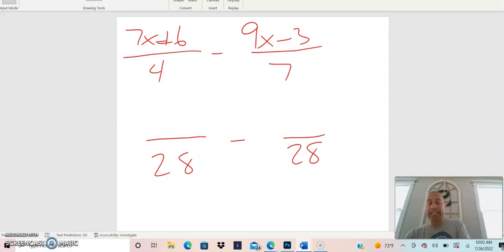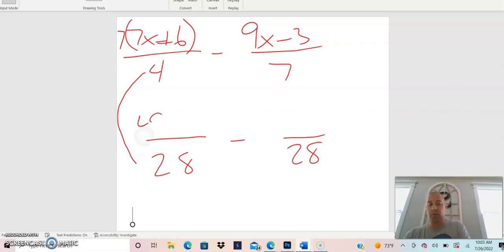All right, so we're going to go back to our days of subtracting with fractions. What I multiplied? Well, I multiplied by a 7, which means I have to multiply everyone up in that numerator by a 7. So there's a 49x plus a 42. All right, over here, what did I multiply the 7 by to get to a 28? Well, that's a 4.